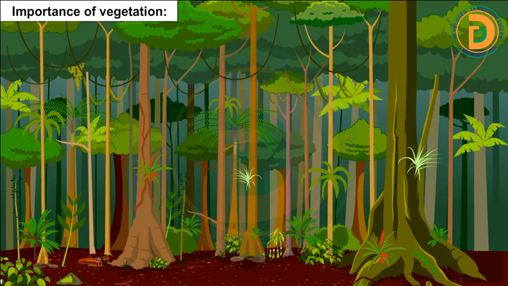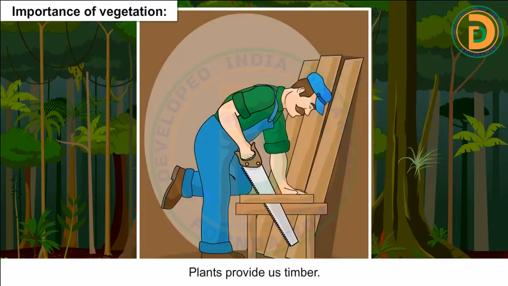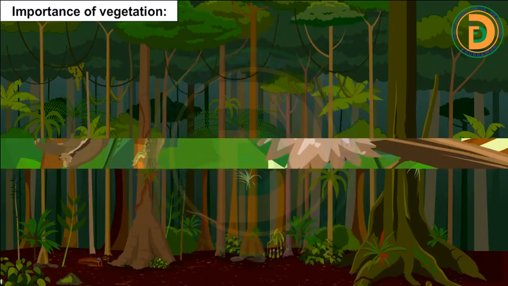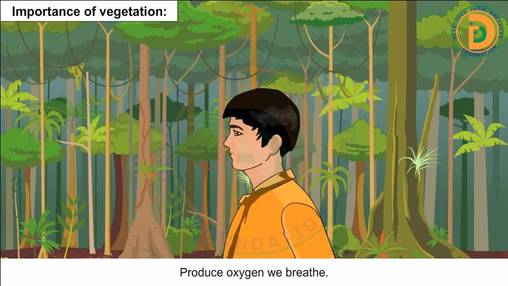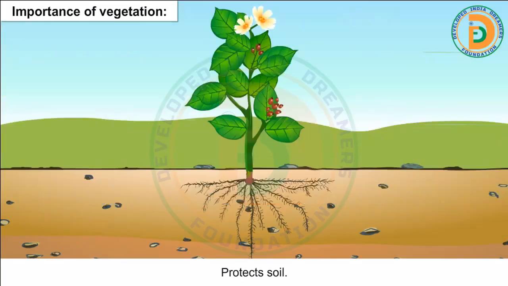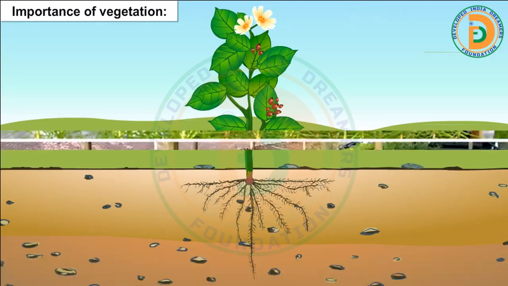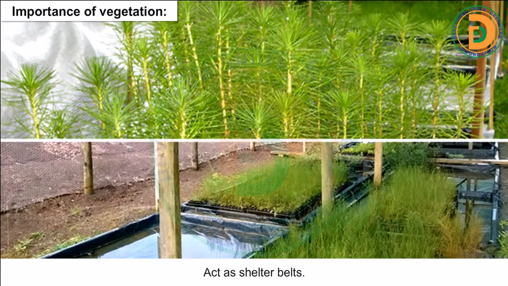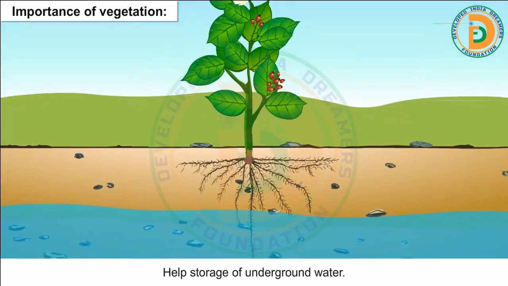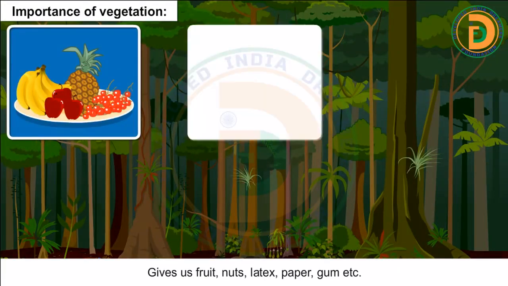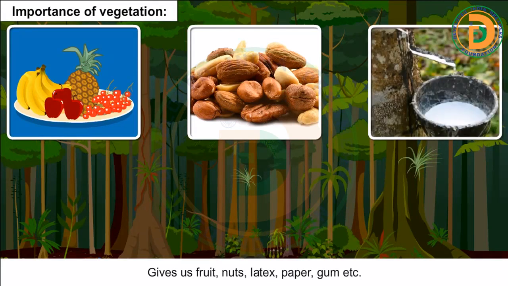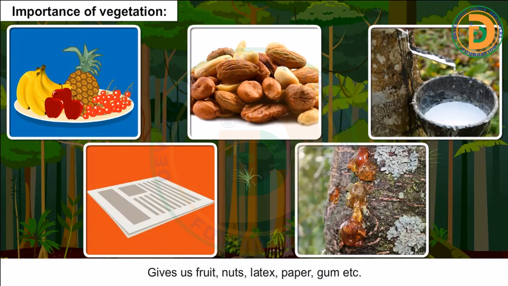Importance of vegetation: plants provide us timber, give shelter to animals, produce the oxygen we breathe, protect soil, act as shelter belts, help storage of underground water, and give us fruit, nuts, latex, paper, gum, etc.